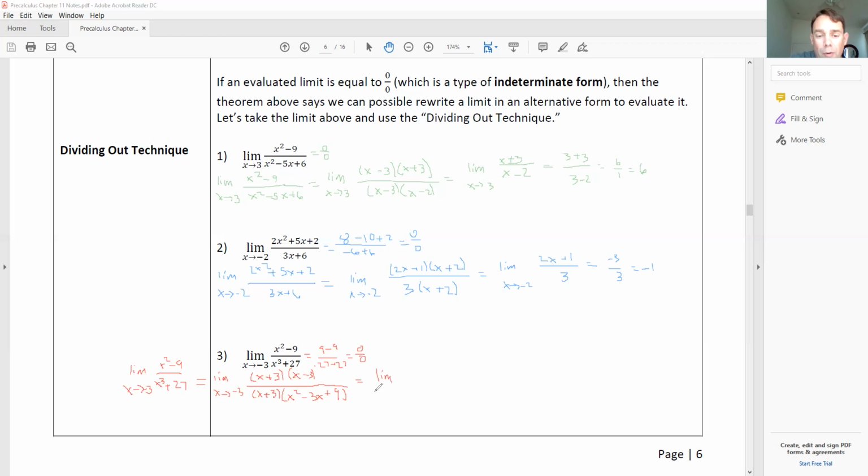And we end up with x approaches negative 3. And on top, we have our x minus 3 all over x squared minus 3x plus 9.